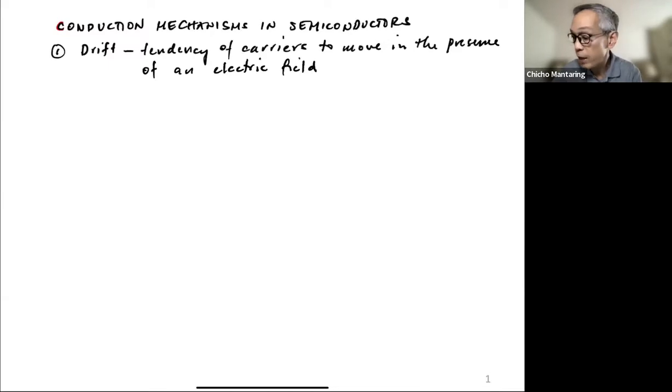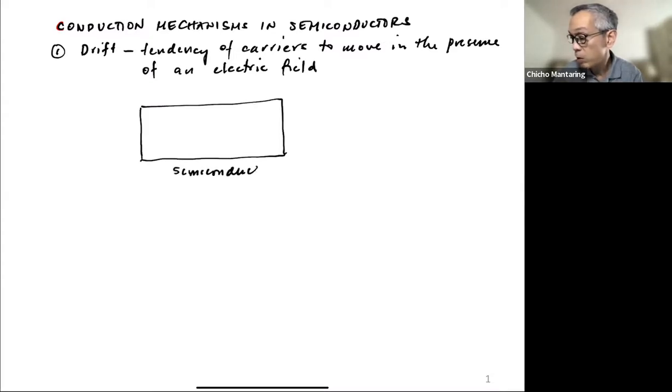So let's say I have a semiconductor material here. And then this is electrons, and this is also holes. Let's say this is my electron and this is my hole.